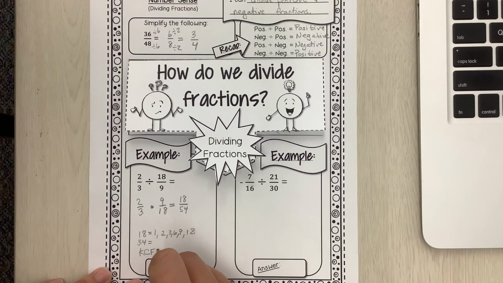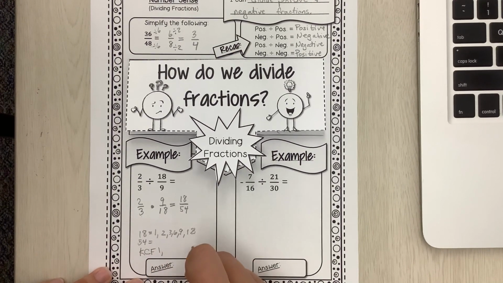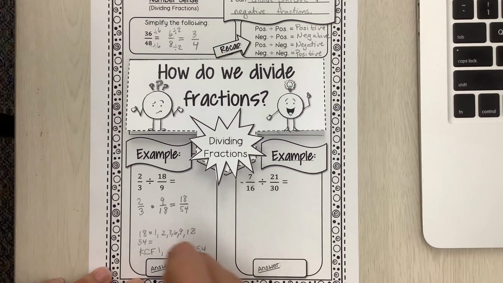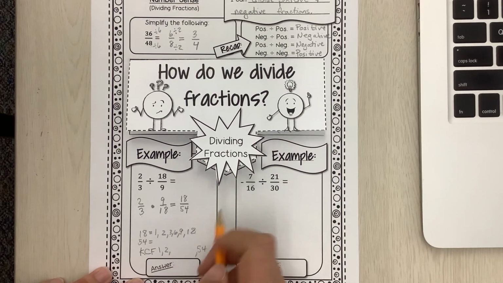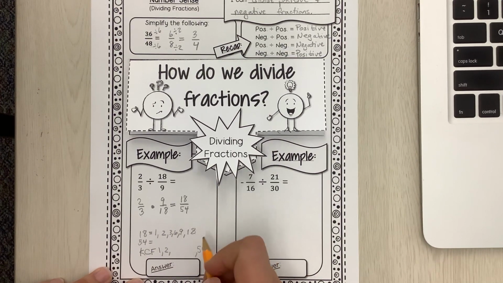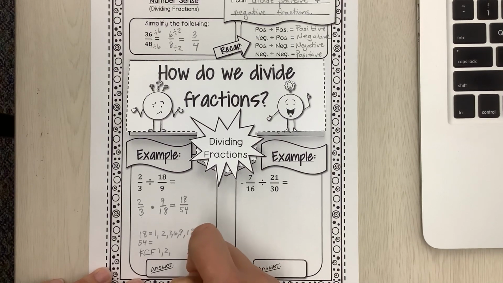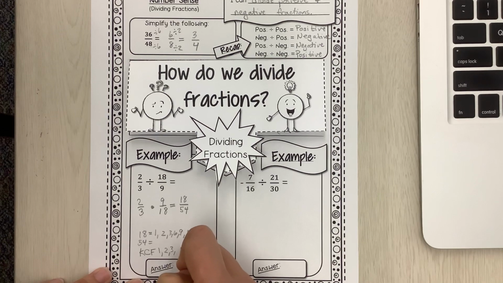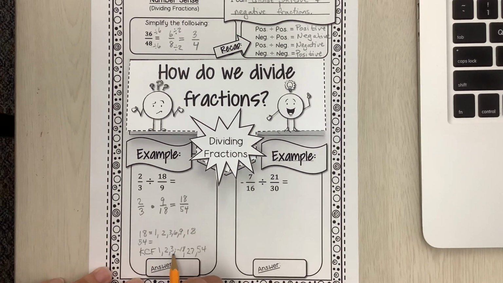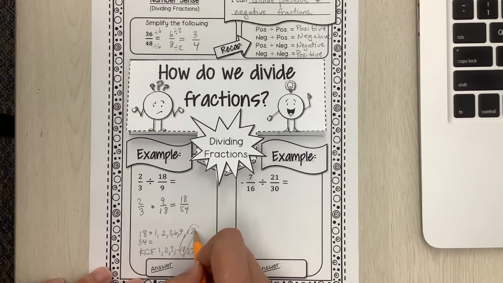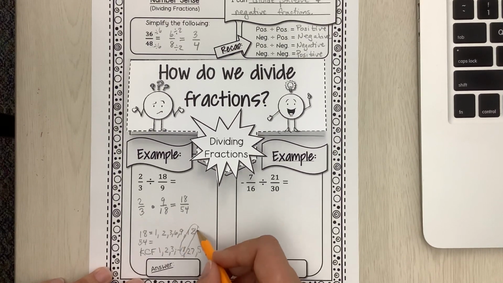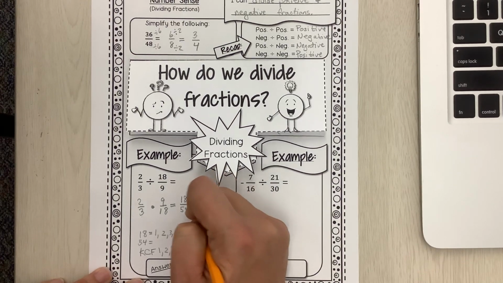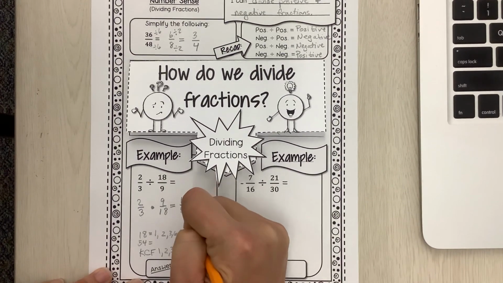So that means 1 times 54, 2 times, let's see, what is that? 27, and then 3 times 18, and I don't have to keep going. There might be more right here in the middle, but I already know that 18 works. 18 is the largest up here, so I can't do anything bigger than 18. So I'm going to divide them both by 18.